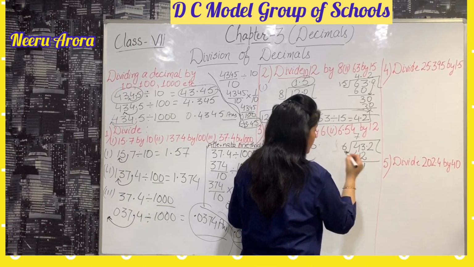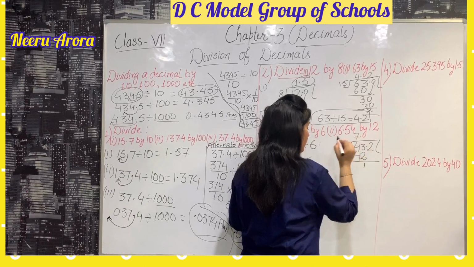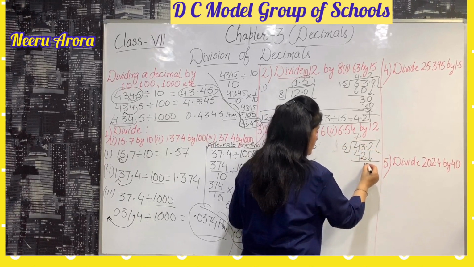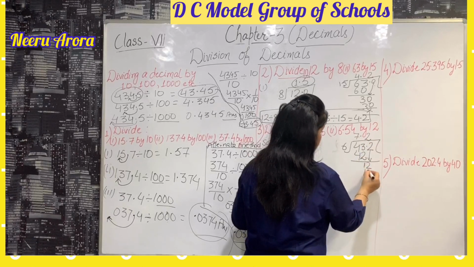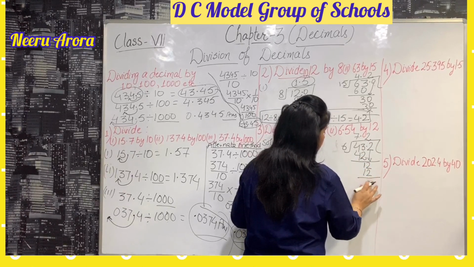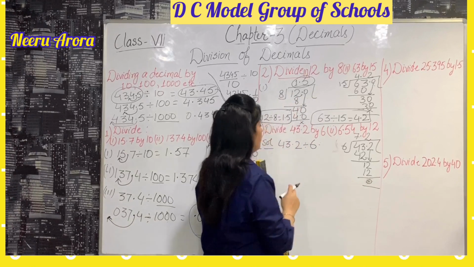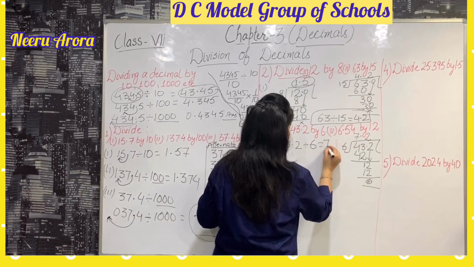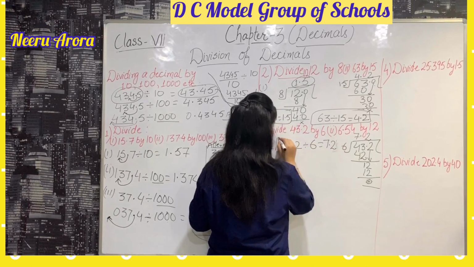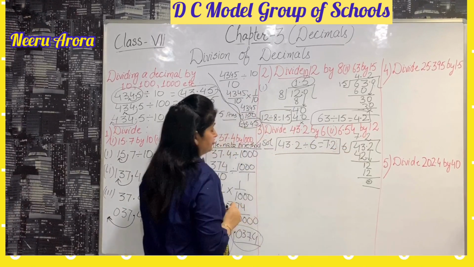So here the remainder is 1. The decimal goes there in the quotient, but 2 comes down. So what comes here? 6 twos are 12. So here the remainder is 0. So when we divide 43.2 by 6, we get 7.2. This is your sum.